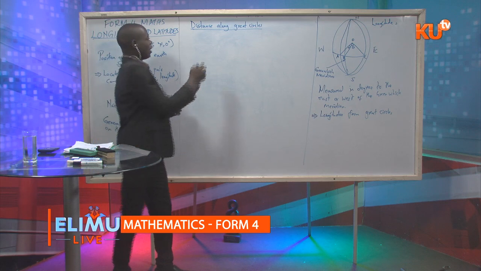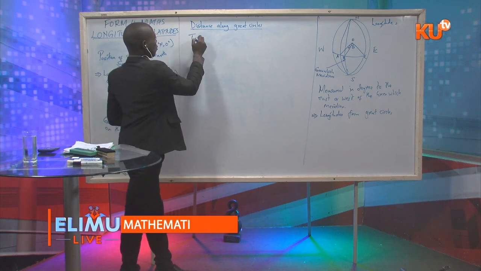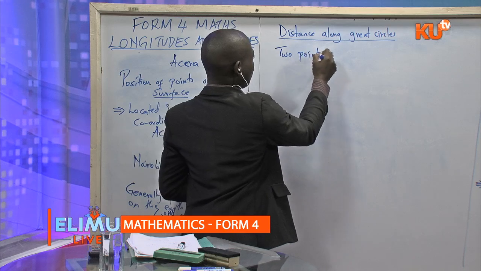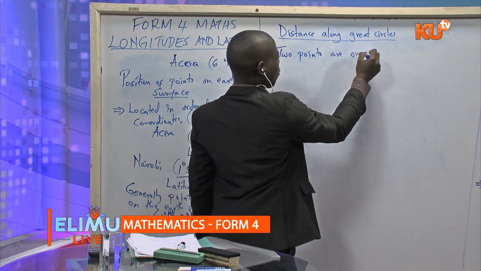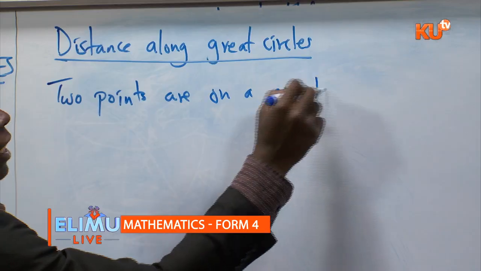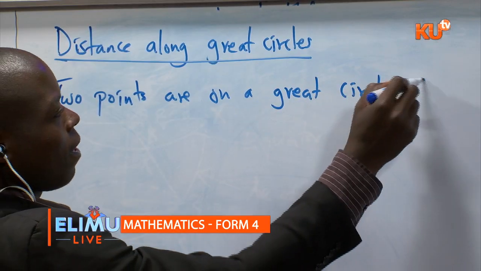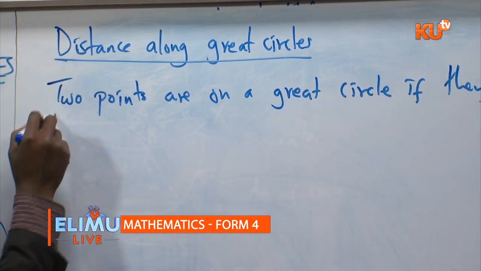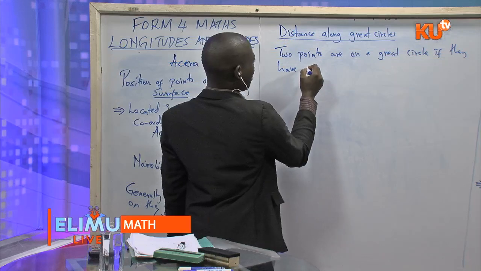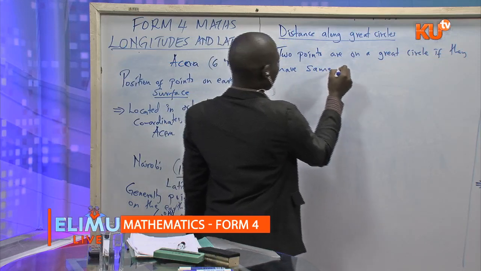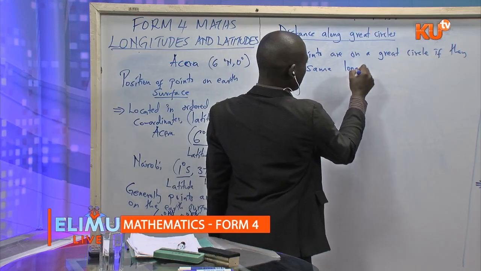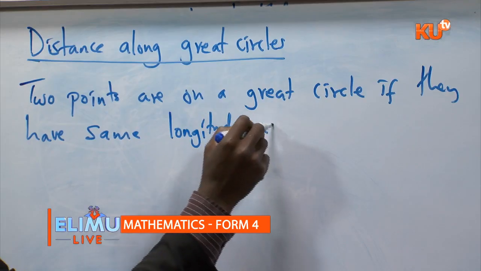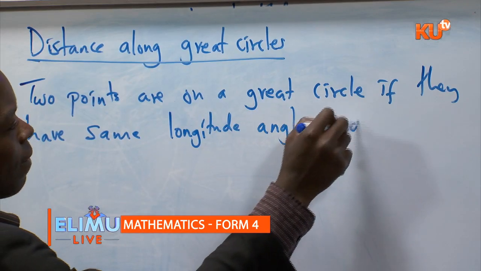We say that 2 points or towns are on a great circle if they are on the same longitude angle and direction.